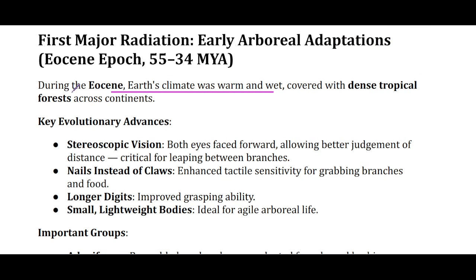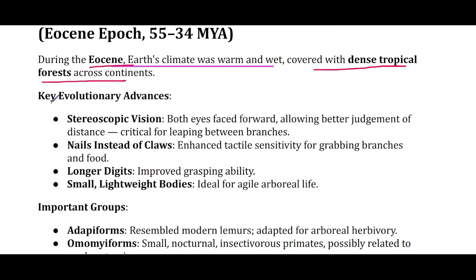So during that epoch, the Earth was covered with dense tropical forests across continents.